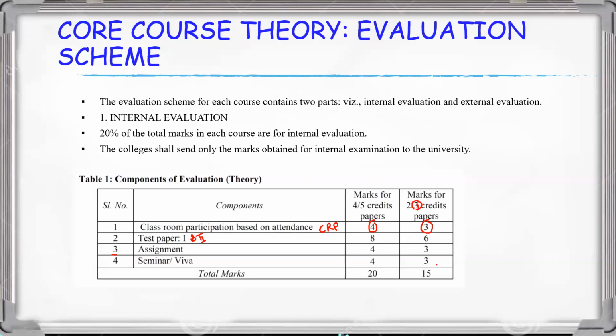So it has an internal of 15. Okay. So in our case, the CRP has 3 marks. And for the test paper, 6 marks, that is 3 for first and 3 for second.